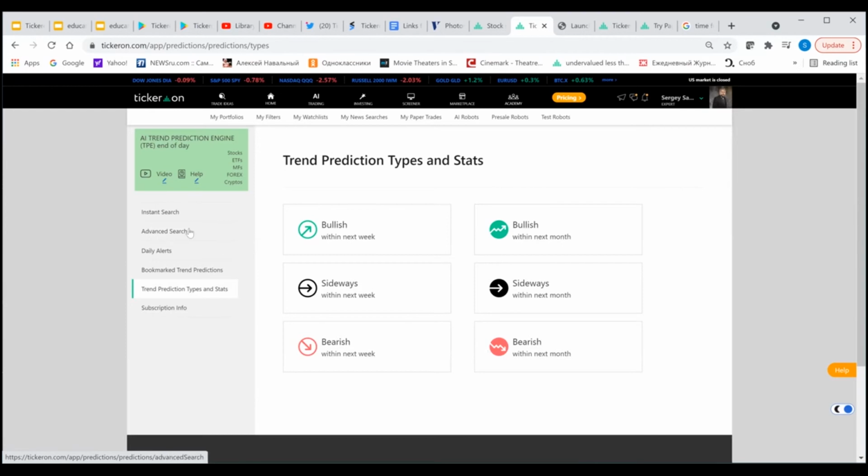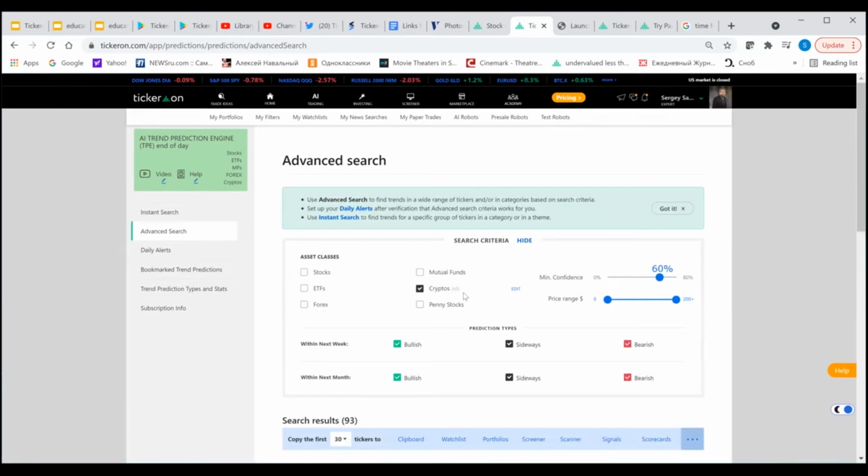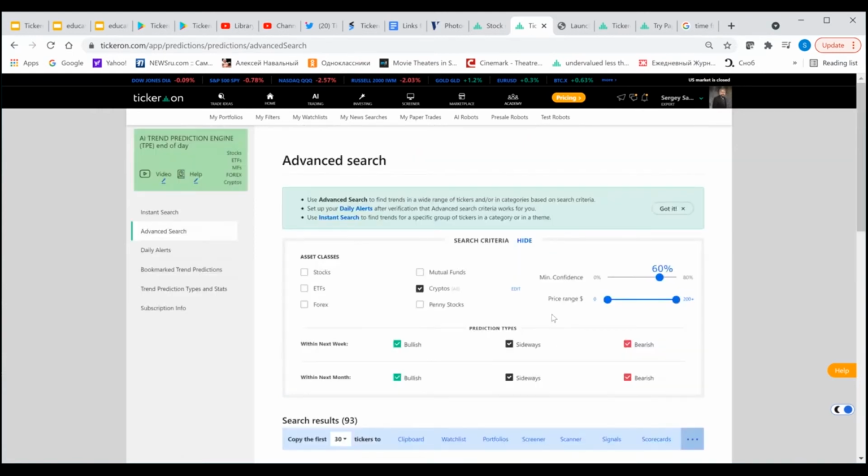The same search: you're setting it up for cryptos, and you're also setting a minimum confidence level, price range, and what kind of trends. You see it's showing the trends and showing you the probability of a continuation of that trend. So these are the tools; we call them do-it-yourself tools.